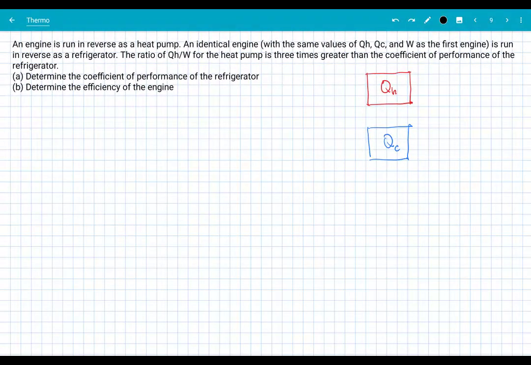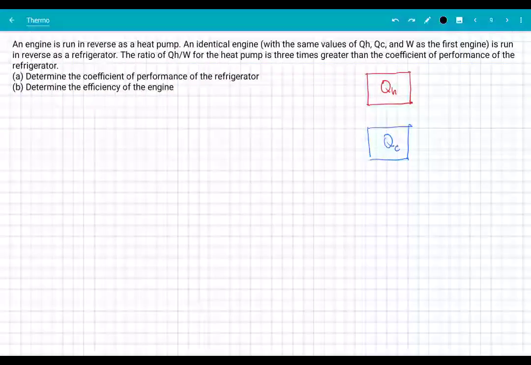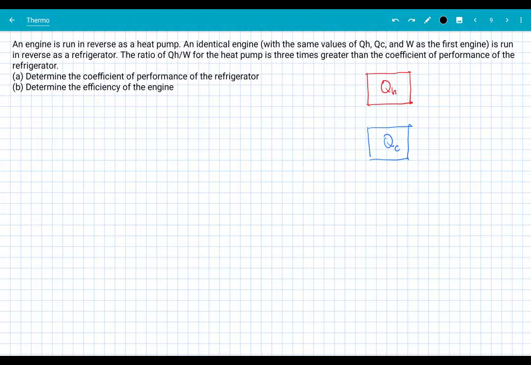Okay, so when you think about a heat pump, it might help to think about it as an air conditioner turned around. What that means is that you are forcing a heat transfer from cold to hot. So this is in the non-spontaneous direction. That doesn't happen for free.